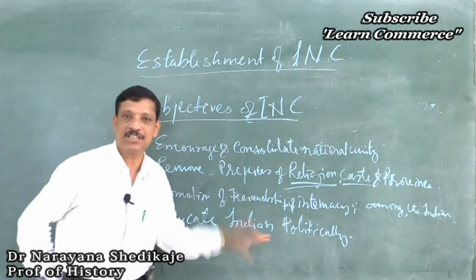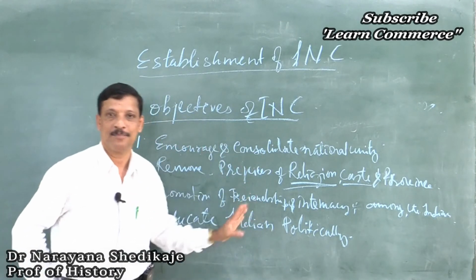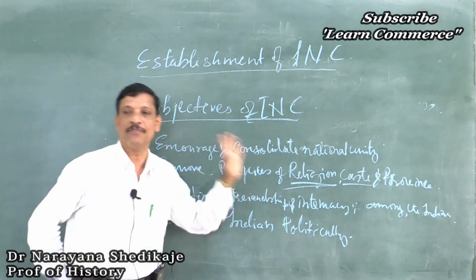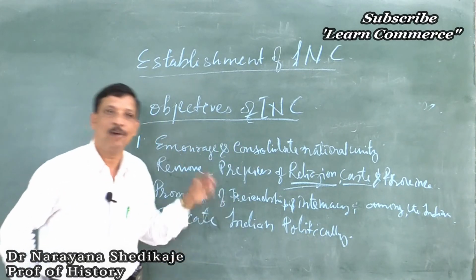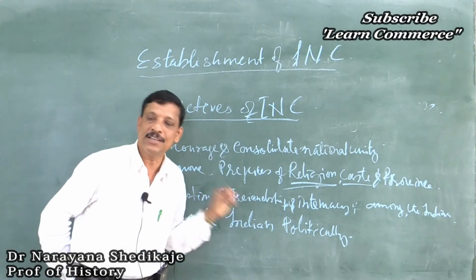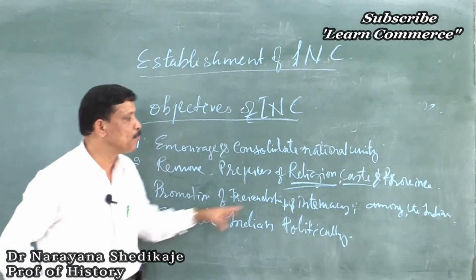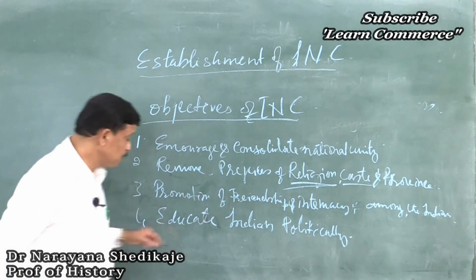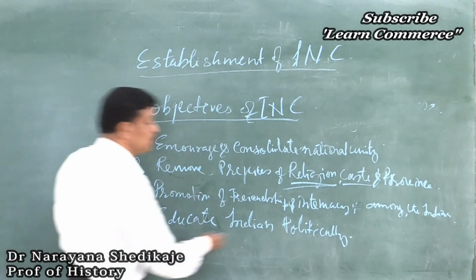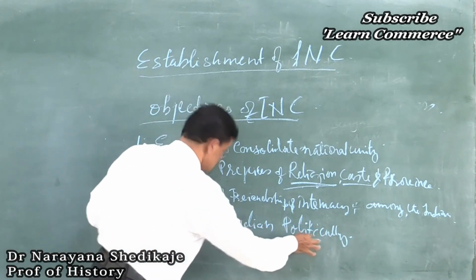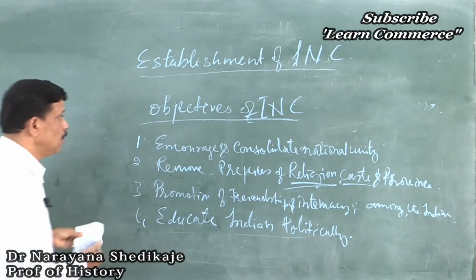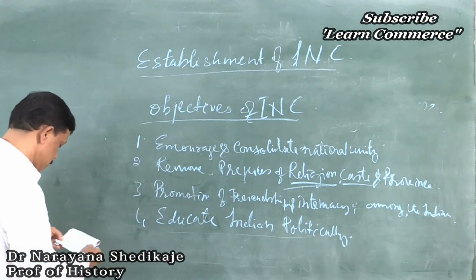What is an election? How do they have to do that, how will the constitution work, and how can they agitate against hegemony? All these must be taught properly, and that's why political education should be given properly to Indians. That is another important objective and goal.